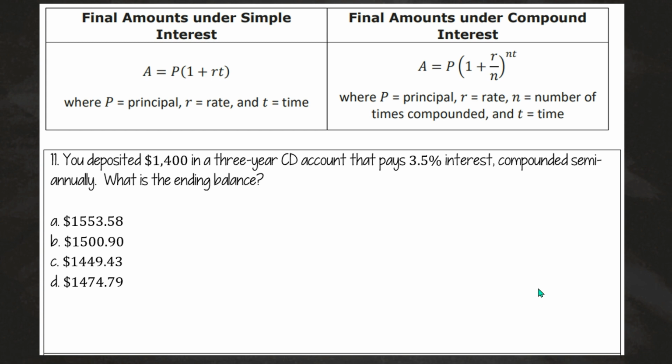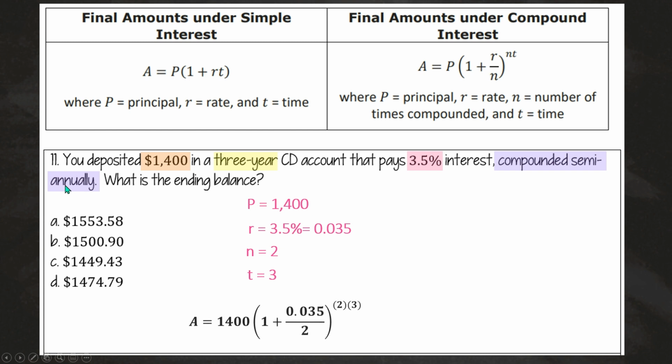Okay, question 11 and 12. Here we have a deposit of $1,400 and a 3-year CD at a rate of 3.5%, and it's compounded semi-annually. So our P is equal to 1,400, our T is equal to 3, our rate is 0.035, and our N, because it says semi-annually, is 2.